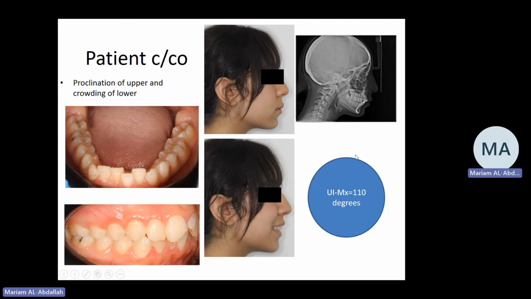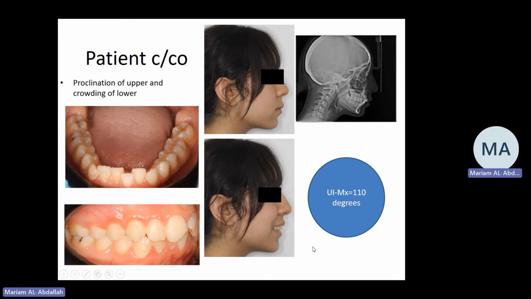So it's important to discuss with the patients that the upper incisors are at their normal inclination, and the patient feels that they are proclined maybe due to the deep bite, relatively due to the crowded lower teeth. So if we align the teeth, then relatively, let's say, the patient will be satisfied.